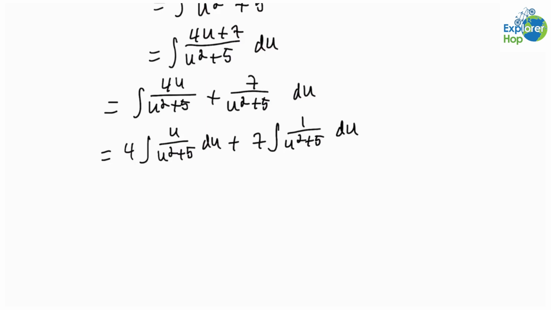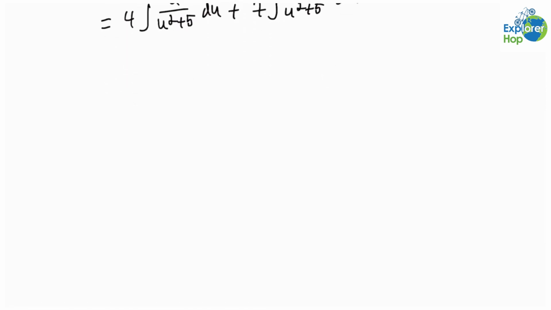Now, let's work with each integral separately. So for the integral of u over u squared plus 5 du, we will apply the method of substitution again. Notice that the derivative of u squared plus 5 is 2u, and we have a u term in the numerator.